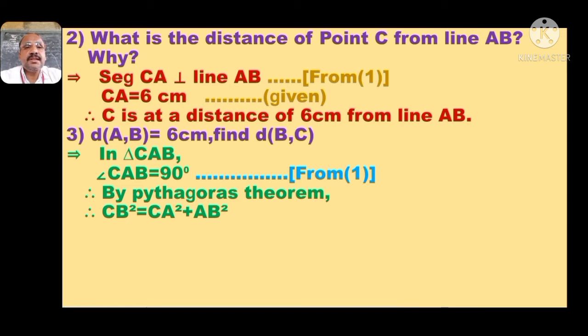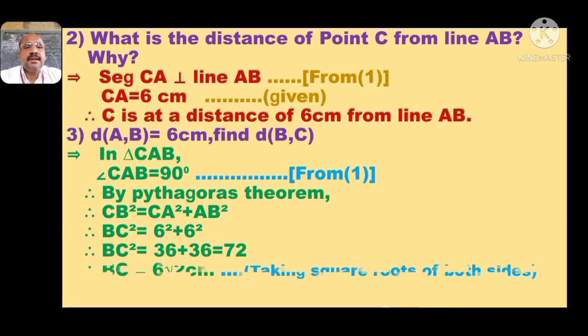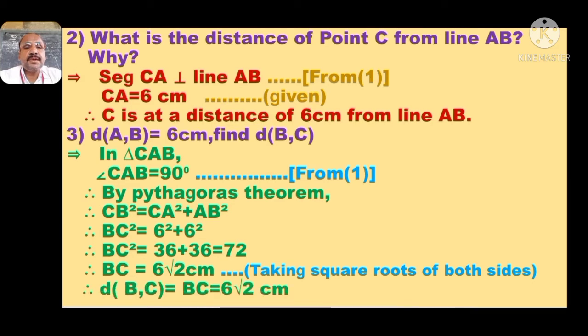Therefore, CB square is equal to CA square plus AB square. Now, put the values. BC square is equal to 6 square plus 6 square. Therefore, BC square is equal to 36 plus 36, which is equal to 72. By taking the square root of both sides, BC is equal to 6 root 2 cm. Therefore, the distance BC is equal to 6 root 2 cm.